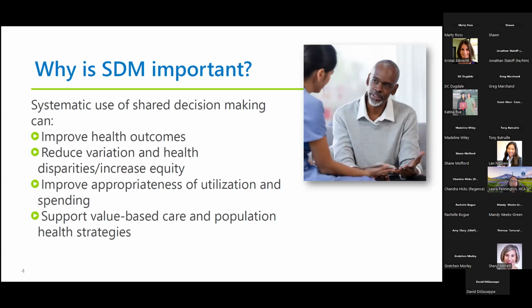What we mean by this is it improves underutilization of certain treatment options for certain populations, while decreasing overuse of certain things. There are studies that show that it actually increases health equity, and I think I referenced that on a slide that's coming up. And it also supports value-based care as well as population health strategies. So next slide.